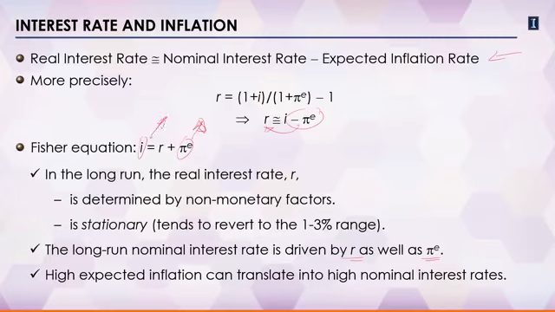If the central bank of a country keeps printing money, eventually prices start rising, expected inflation rises, and since in the long run R is not determined by monetary policy, interest rates have to rise. Notice that this is exactly the opposite of what we found for the short run.